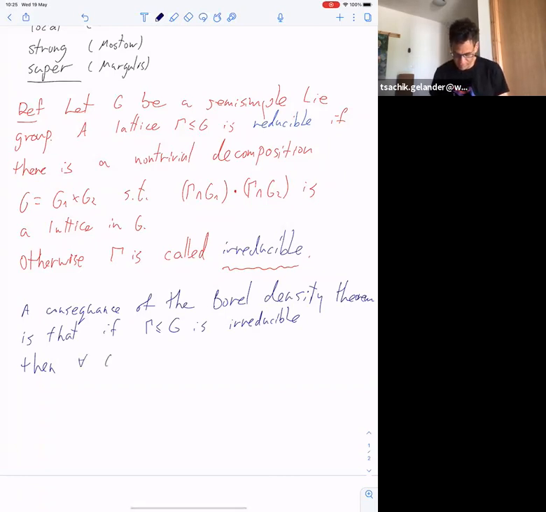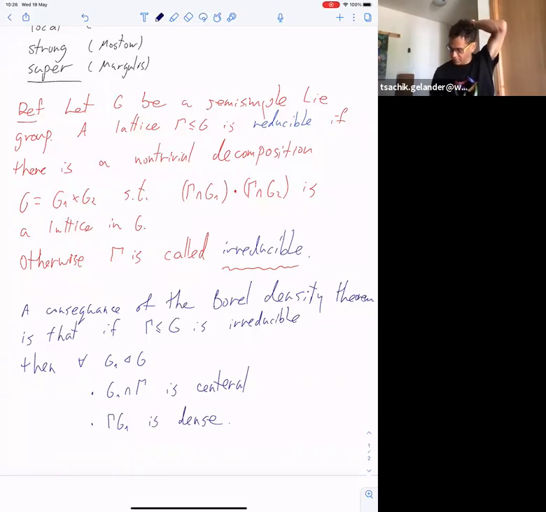Say for any G1 normal in G, we have G1 intersection with gamma is central, which is trivial if we assume that G is center free, and the projection mod G1 of gamma is dense.